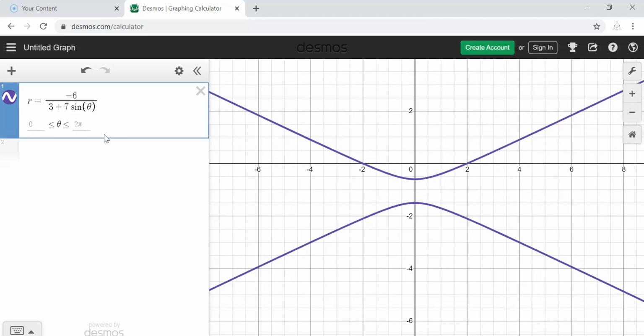If the hyperbola would have had a cosine, we'd have been pointing left and right. All right. So that's the idea. You can play around with your trace feature on your calculator, and you'll see how the dots go, depending on which way you're going, up or down. You'll see that the dots trace around and go up and around in some interesting ways.